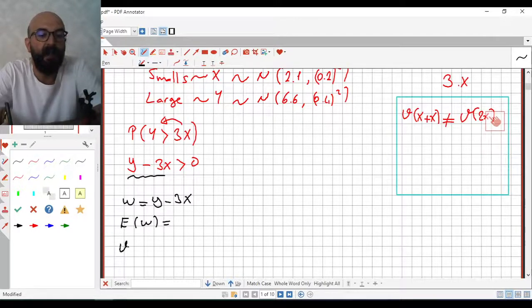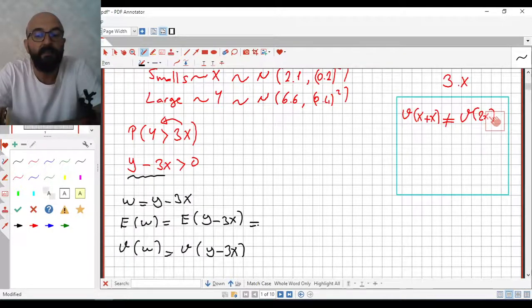The second step, I want to find the variance of w. Okay, w is y minus 3x, so the variance of y minus 3x. The expectation of y minus 3x is the expectation of y minus 3 multiplied by the expected value of x.